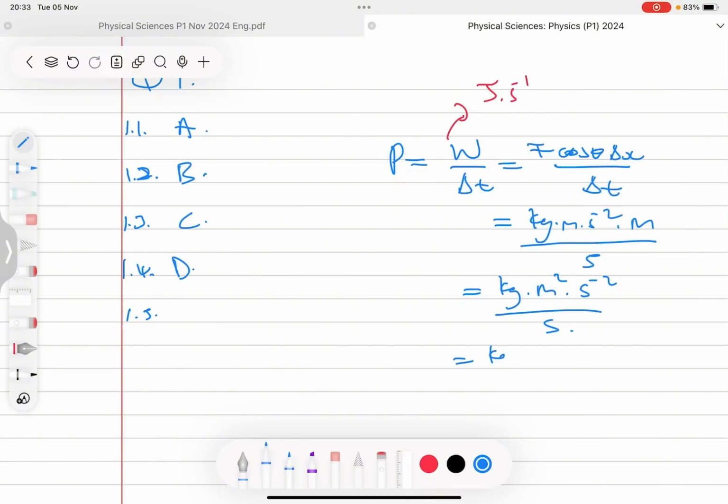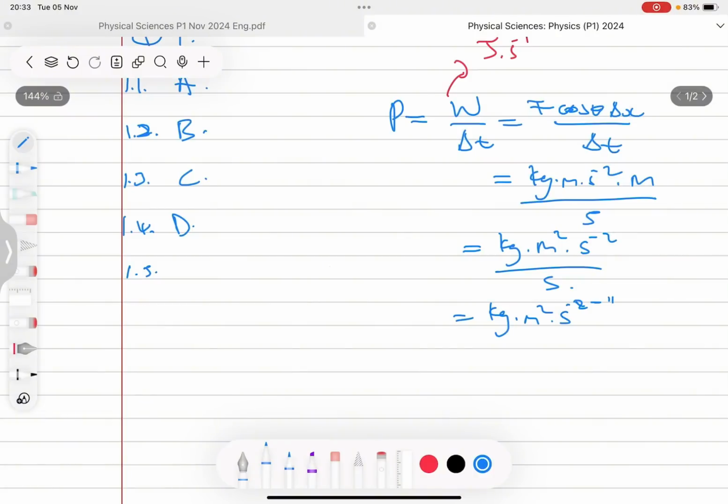Now, when we continue with this question, we'll have kilogram meters per second. Now here I'll have per second squared. Remember that we have a division here. It means I'll keep the base, the s, and subtract the exponents. I'll have negative 1 here, right? Subtract the exponents. So that at the end of the day, I'll have kilogram meter squared per second to the power negative 3, because negative 2 and negative 1.